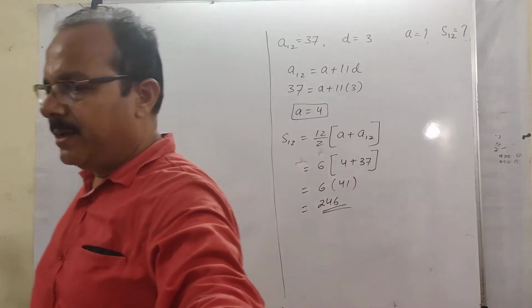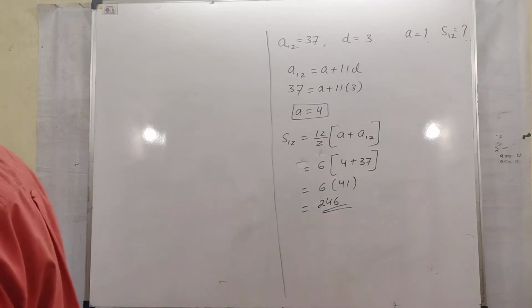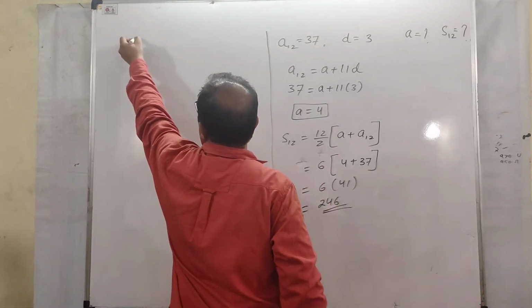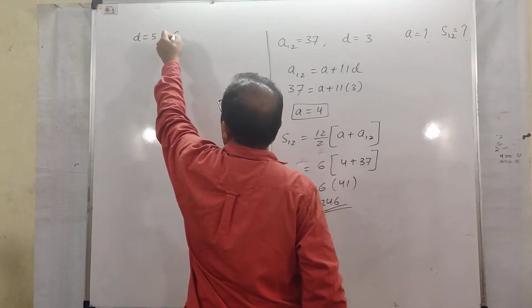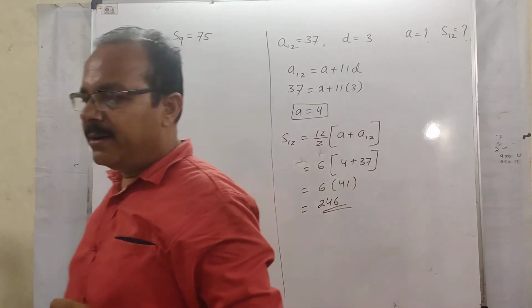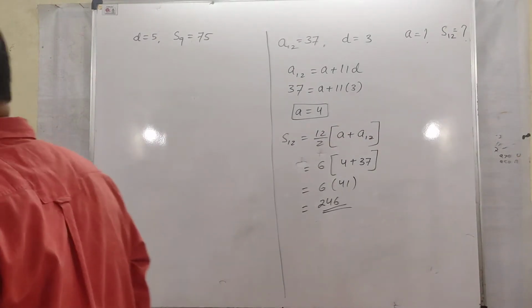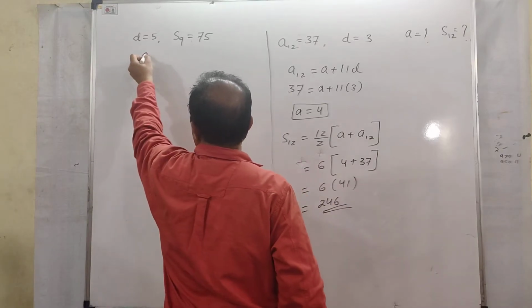Now I am solving the fifth part. D is given 5, S9 is given 75. Look, very good question. D is 5, S9 is 75. n is not given. We have to find the value of a and A9.